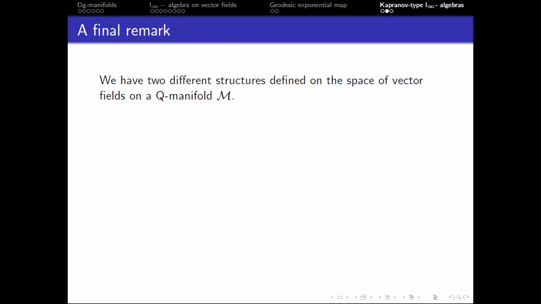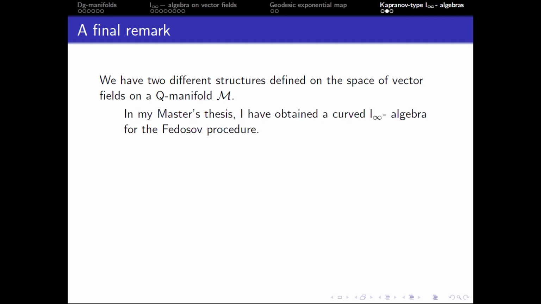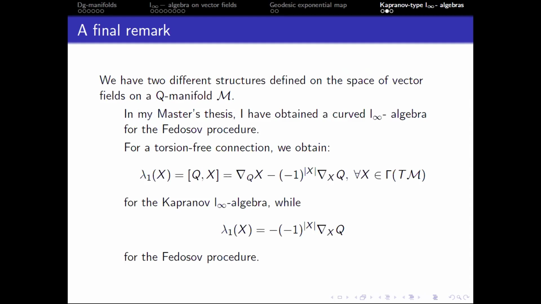We just have two different structures defined on the space of vector fields. In my master thesis, which is what I exposed before, we have this curved L-infinity algebra by using this Fedosov procedure. In this case, if I take a torsion-free connection, my lambda 0 bracket corresponds only to this term.